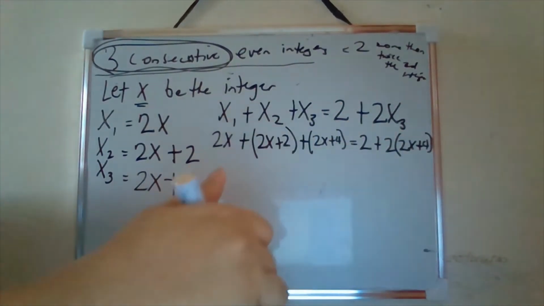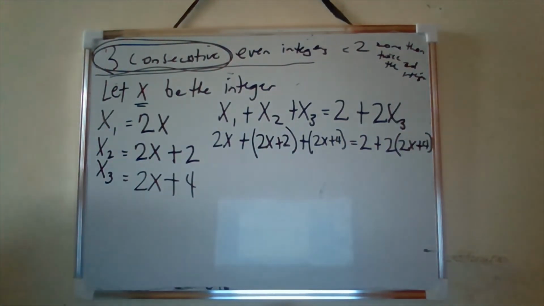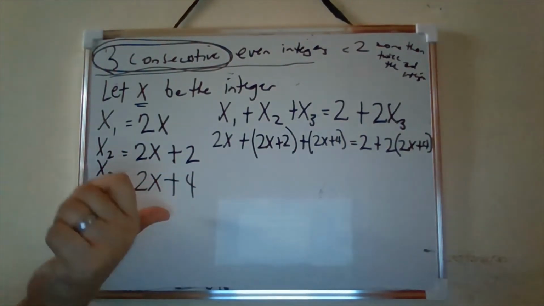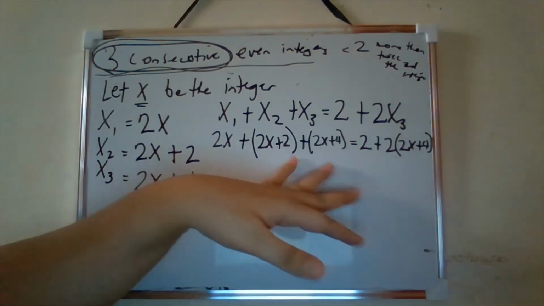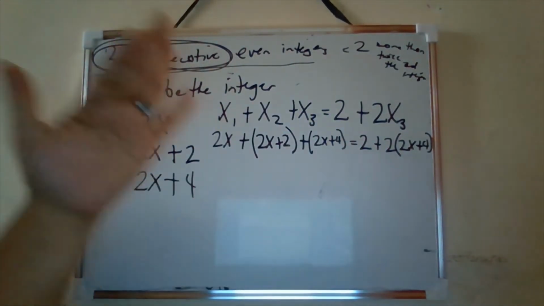Kasi nga, ang sabi ay twice the third integer. So, ang third integer natin ay equivalent to 2x plus 4. Now, since we have this equation, ano na natin?